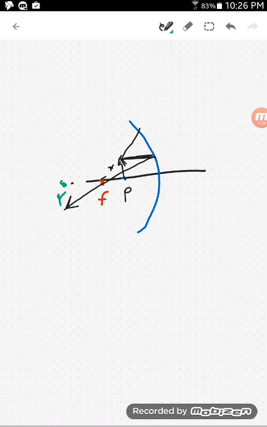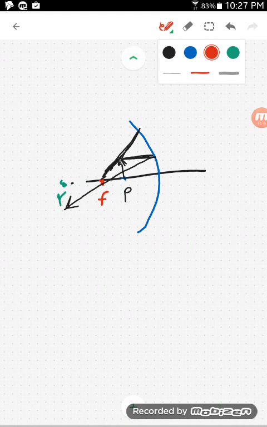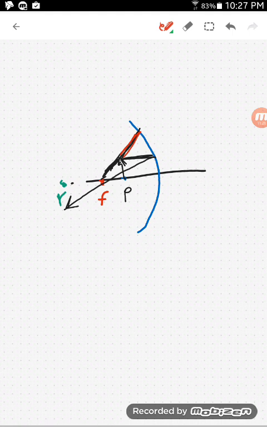This is supposed to be more straight here, but dotted, because it's not the actual ray. The only part of the actual ray is this portion. So then that ray continues. After it hits the mirror, it will go parallel to the axis.